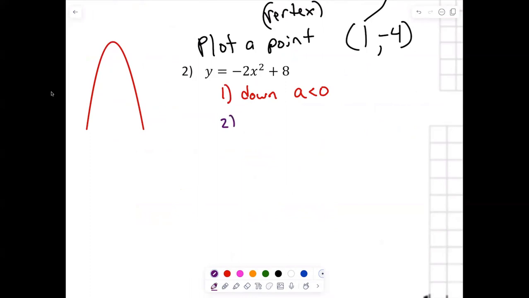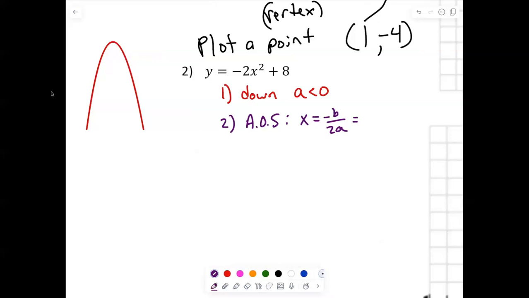Next step. I want the axis of symmetry, AOS. Then I want you to write x equals negative b over 2a. Come on, people. What's b? Someone else. 0. It's 0. b is the number in front of the x term.